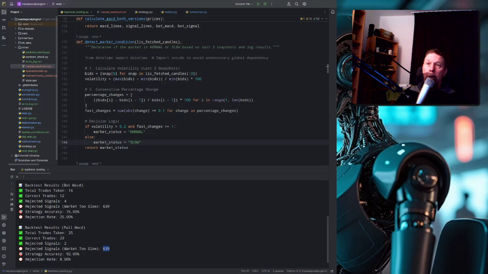I found the error. In the detect market condition there was a logging function that logs if the market is normal or slow, and that's what I use in the bar to see if there's a slow market and how percentages work. But that's also clogging up the backtest CSV, so that's not good.